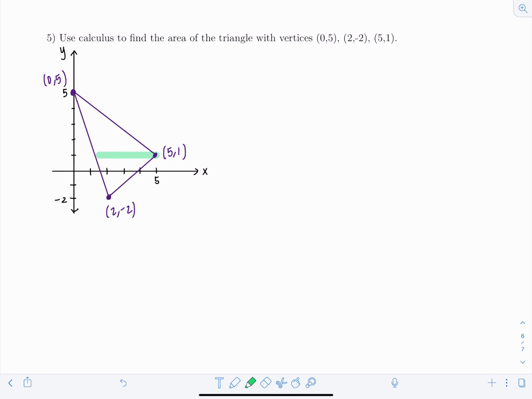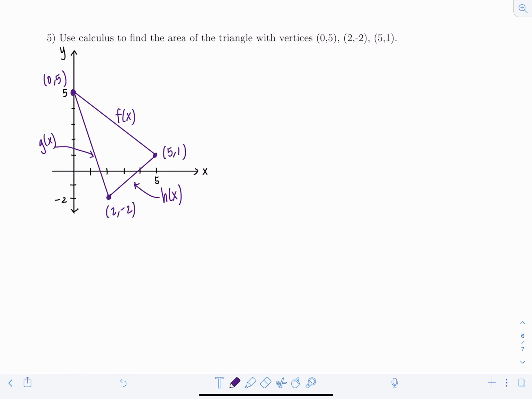And since these are all line segments and it's easier to write equations of lines in terms of x, because of how we know slope, then I would say let's just leave things as they are, set up functions of x. So I'm going to call this line segment f of x. I'll call this one g of x, and this one down here h of x, okay?